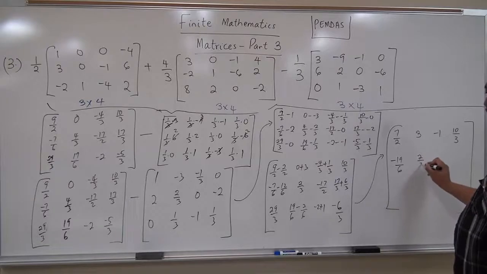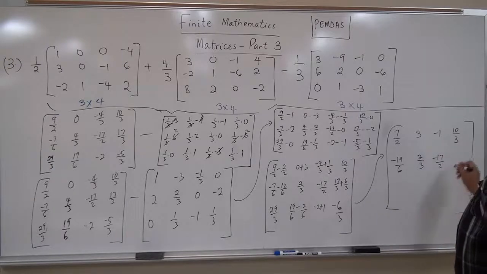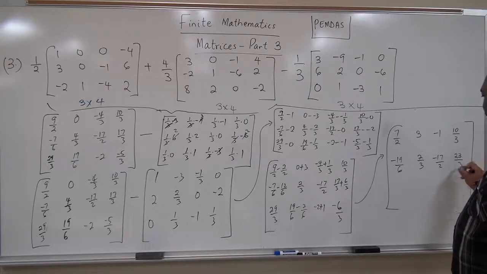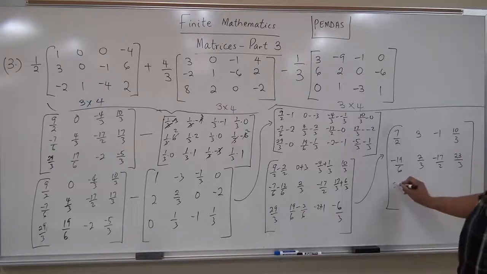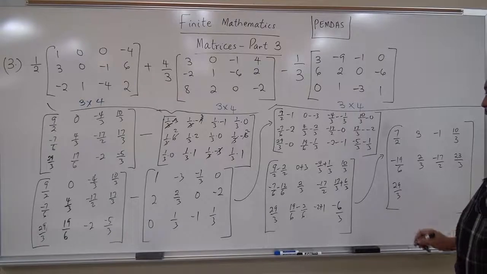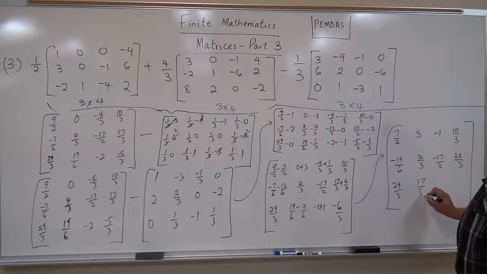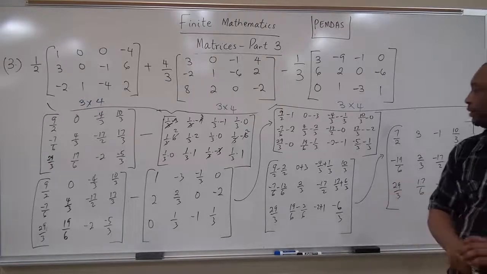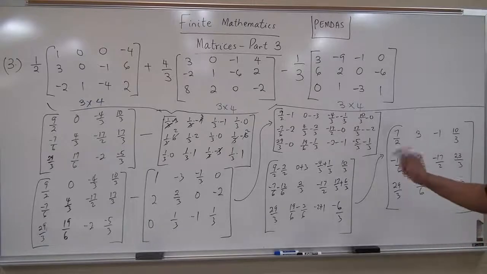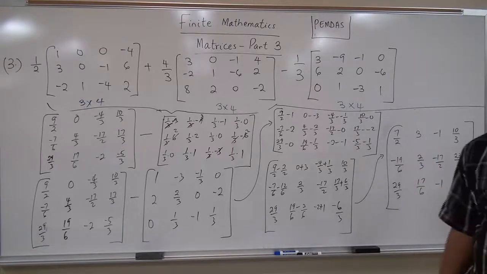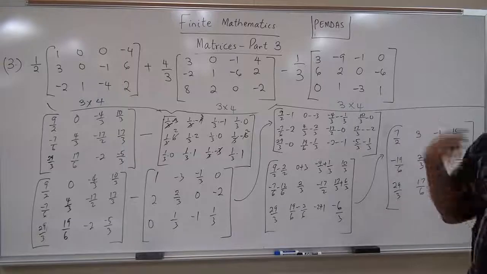Then this is 2 over 3. This is minus 17 over 2. This is 23 over 3. This is 29 over 3. This is 17 over 6. This is minus 1, and this is minus 2. And this becomes your answer. Like I said earlier, you can check this.